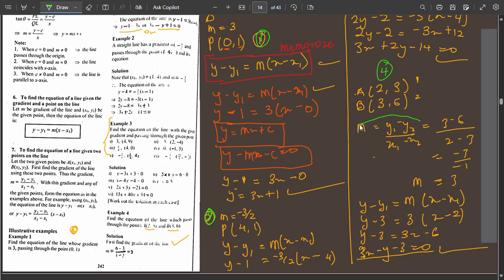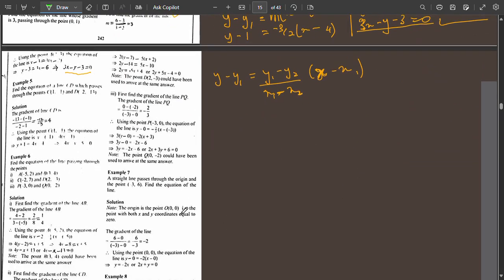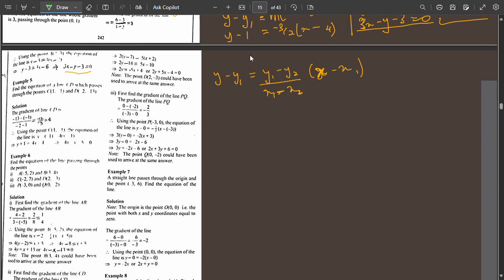With this one we put everything into one equation because the gradient is this. So you just substitute everything and we get the equation of the line, straightforward. So let's try this using this formula.